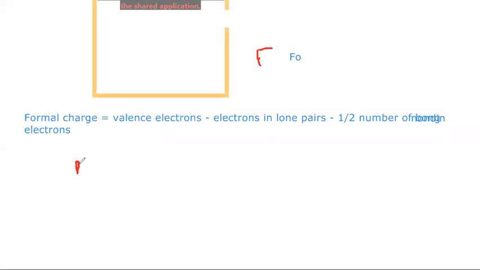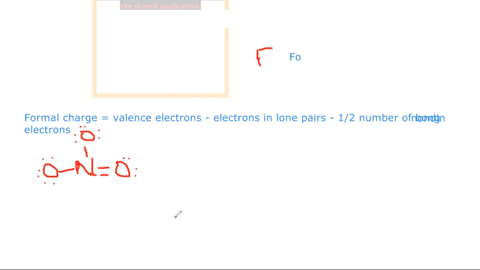We have already plotted it: a double bond over here, and then one single bonded oxygen, and there are six unpaired electrons over here, and similarly four electrons. And this molecule has a minus charge.